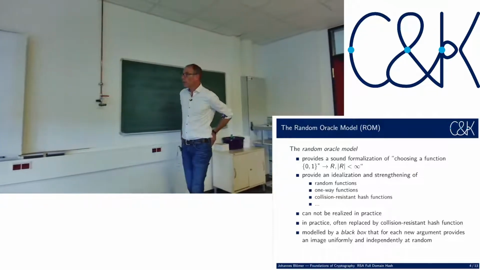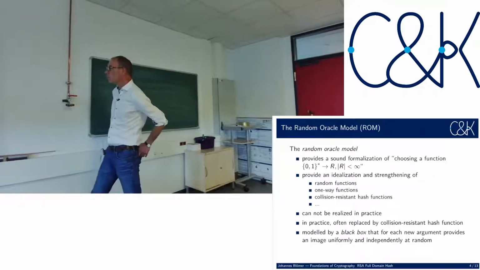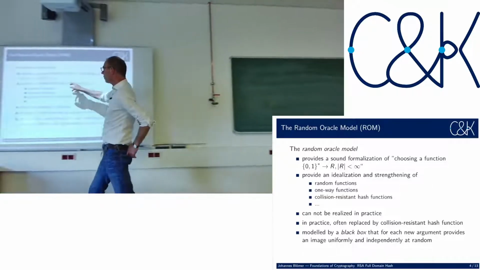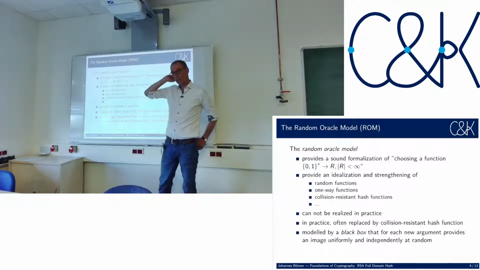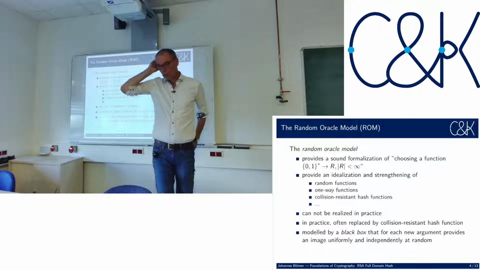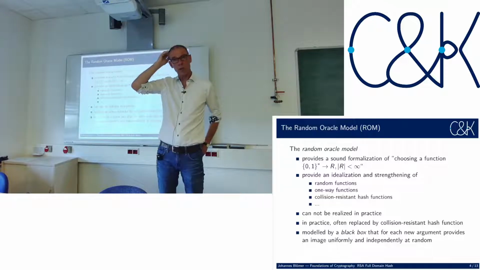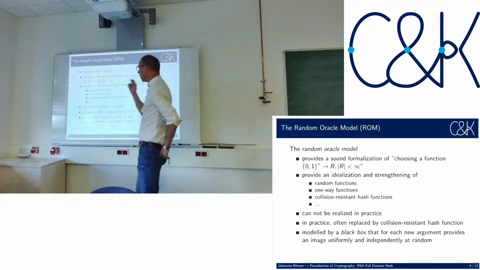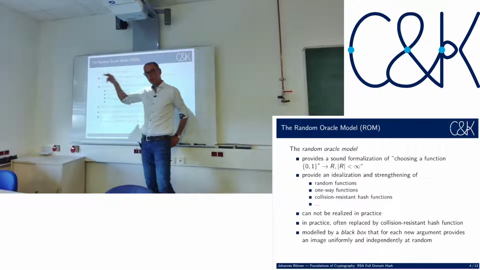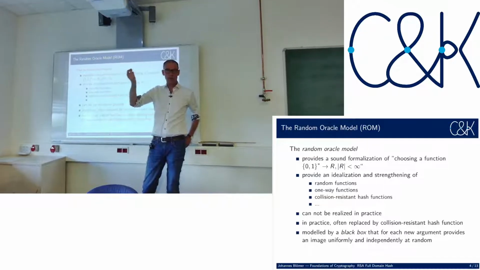The random oracle model provides a sound formalization for choosing a function from {0,1}* to R, where R is some finite domain. You may think that we already have such a formalization because we already talked about random functions. But when we talked about random functions, we always talked about functions from a finite domain to a finite range.